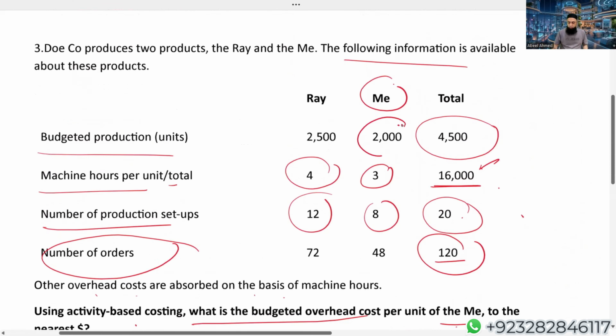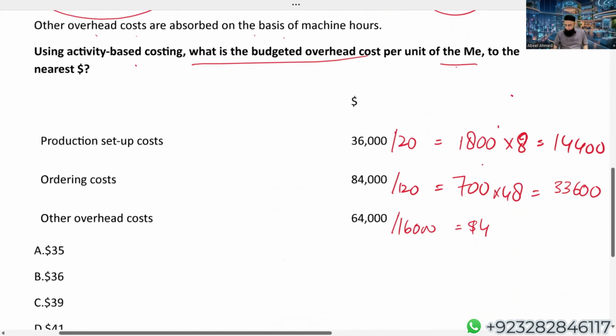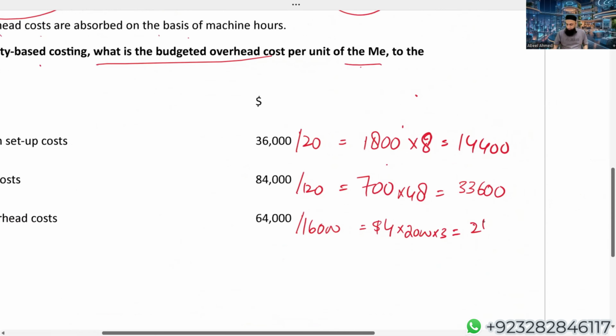Budgeted units of the product me are 2,000 and 1 unit of me takes 3 hours, so if we multiply 2,000 with 3, we'll get the total hours which product me will take. So here comes the other overheads which we can allocate to product me. 2,000 into 3, I'm getting 24,000.